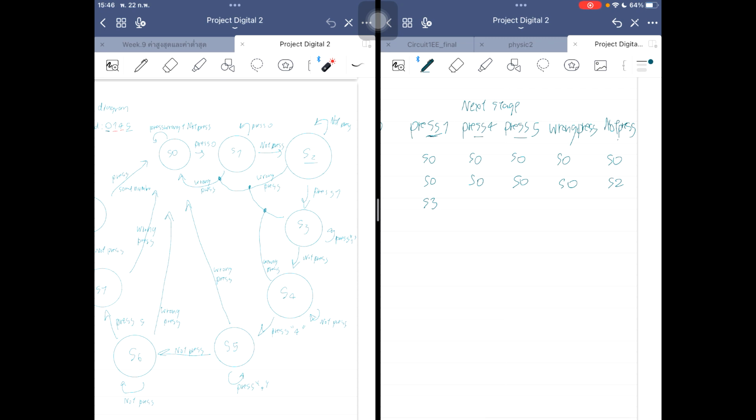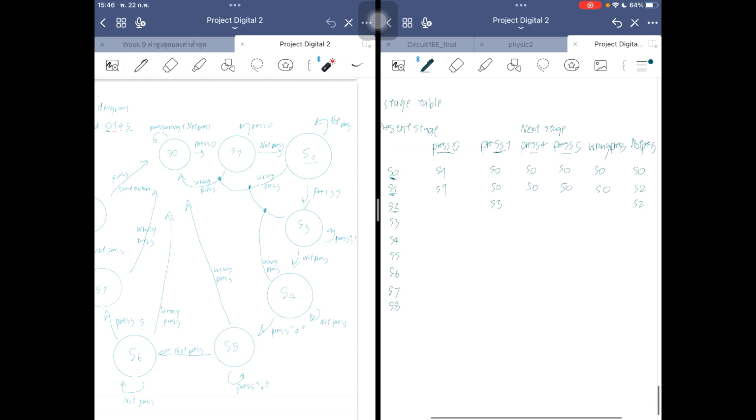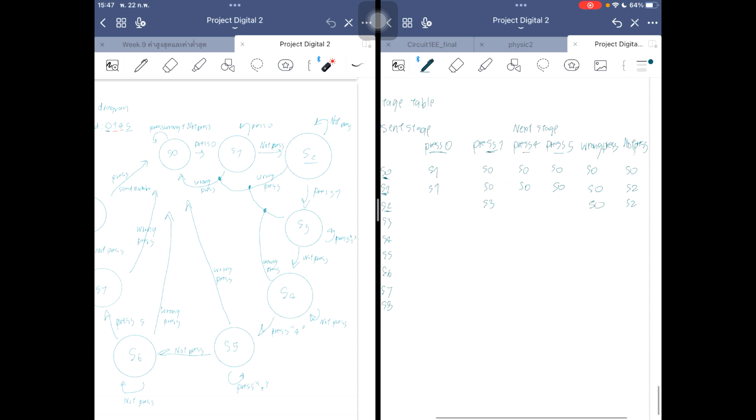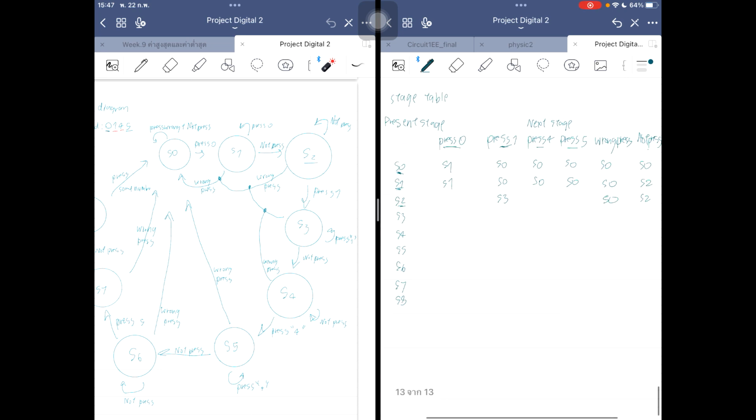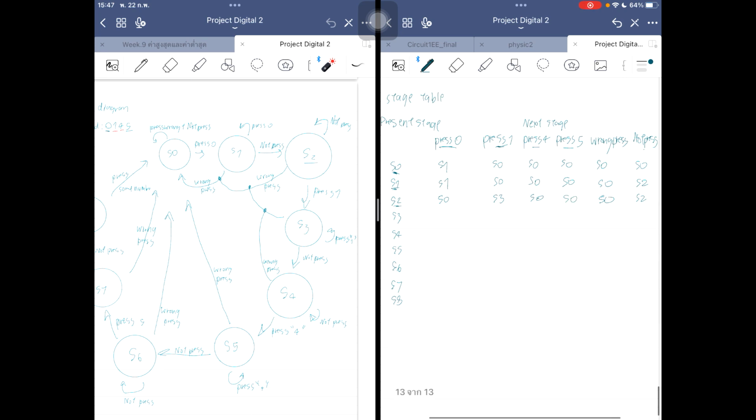Then go to the not press case and write state 2 in here. And another case is wrong press. If you press wrong, it will go to state 0. And in state 2, press 0, press 4, press 5 are the wrong press case, so they will go to state 0. And that's all of state 2.